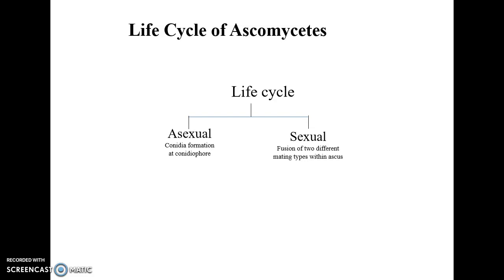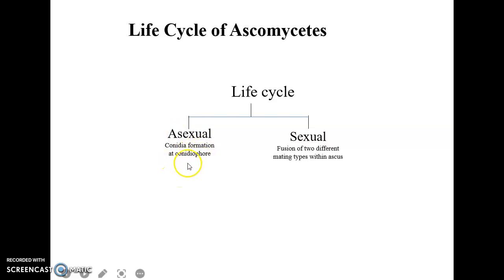During asexual reproduction, tiny spores known as conidia are formed at the tips of specialized hyphae. These hyphae are known as the conidiophore. The conidia get their name from the Greek word koinis, which means dust, as these conidia look like dust particles.